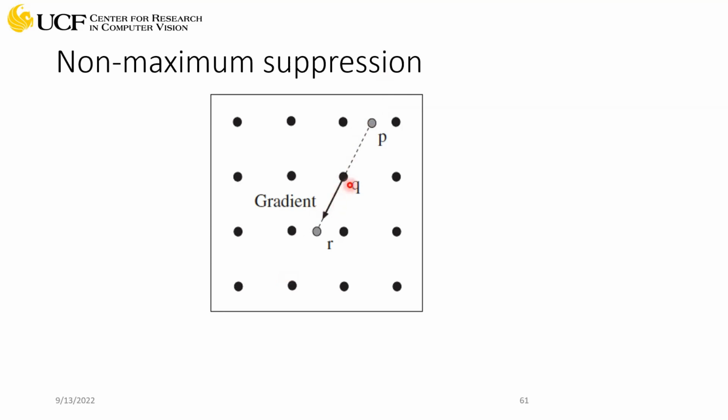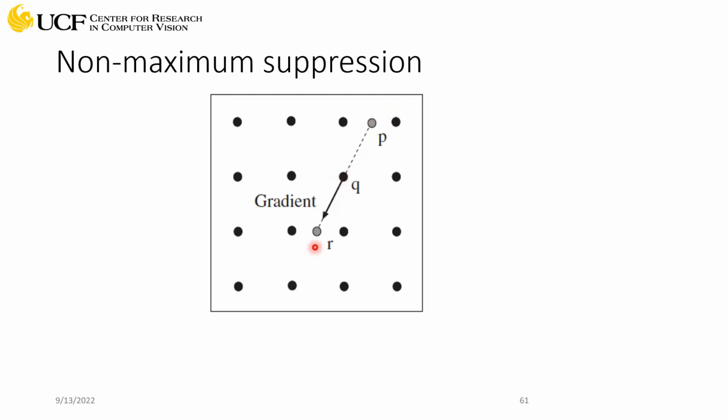For example, let's say we are interested in this pixel location Q. This is the direction, we will just draw this and we'll try to find the magnitude of the gradient at the neighboring values. We'll compare this value with these values. And if the magnitude at this location is higher than these two, R and P, we will say Q is an edge.